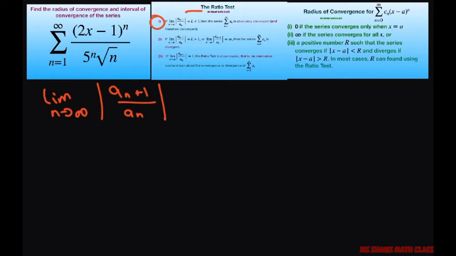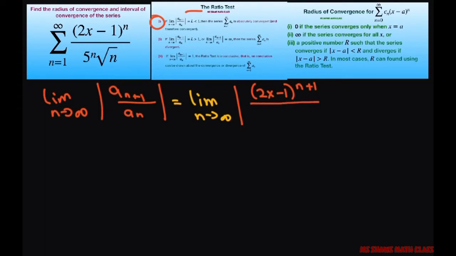Okay, so substitution would give us, when you substitute in n plus 1, everywhere there's an n, you put n plus 1, so we're going to get absolute value of 2x minus 1 to the power of n plus 1.